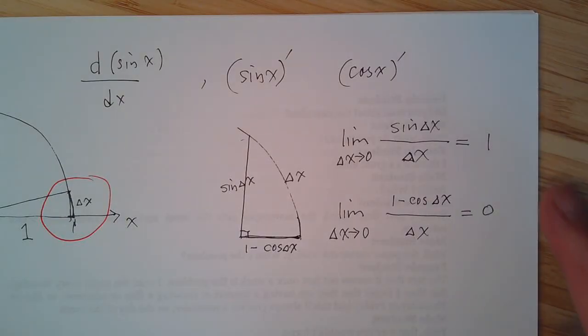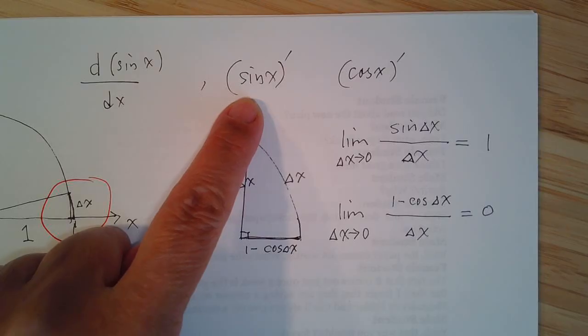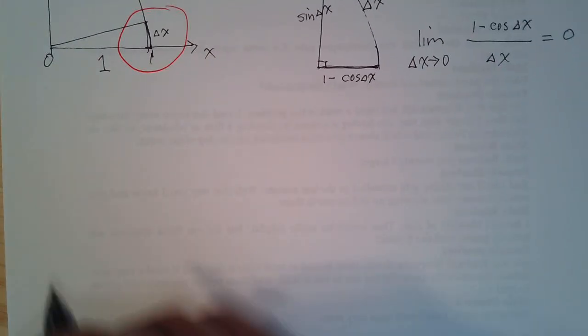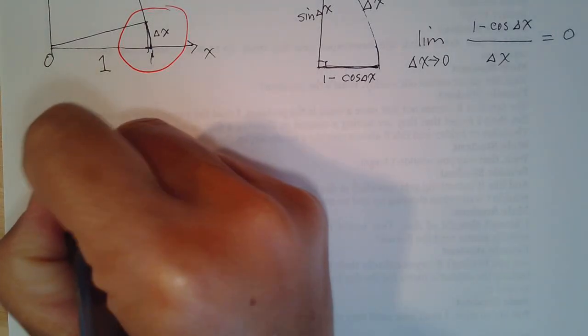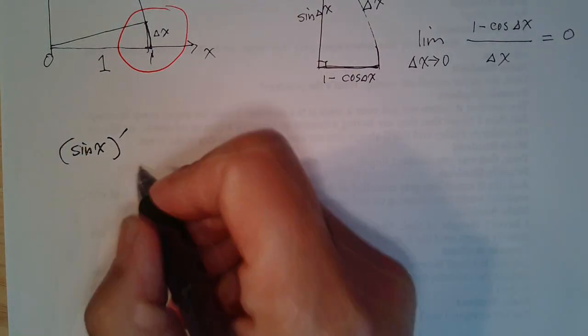We keep this in mind, and then we can derive this and find what sine x prime and cosine x prime are. Let me get another pen. All right, so ready? Now, how do you get sine x prime?